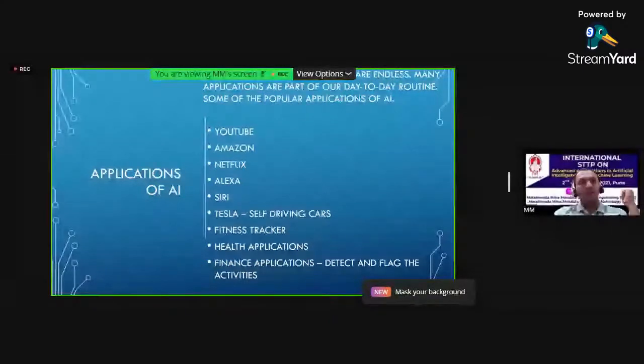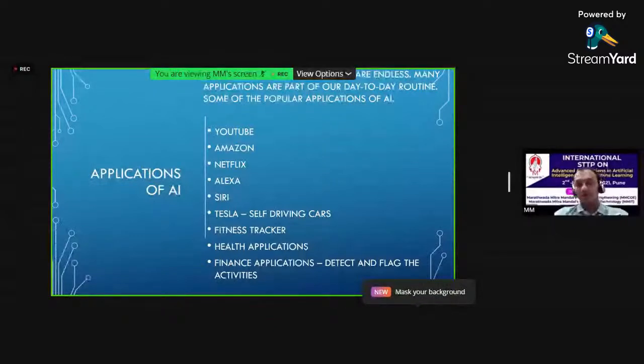Then we'll have the fitness tracker. Nowadays, this is one of the popular things, people are using it for their health. Like how many steps you are walking, how many steps you are running, how many bicycle rides you have done. In the advanced mode, they monitor how many cups or bottles of water you are drinking per day, what your BP or heart rate is.